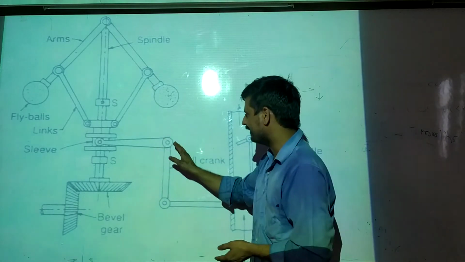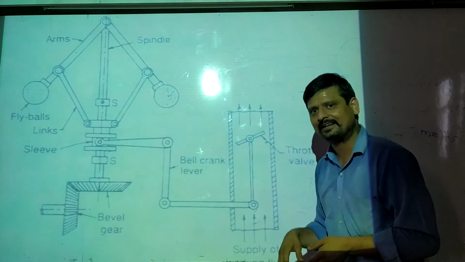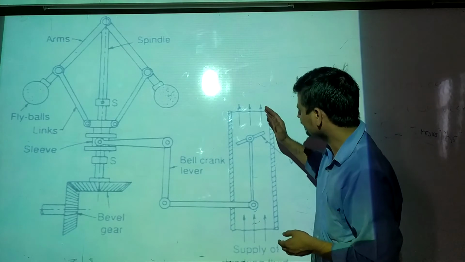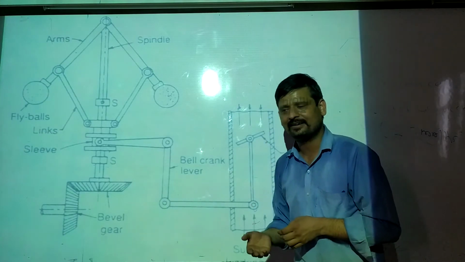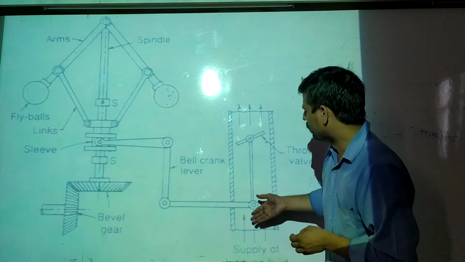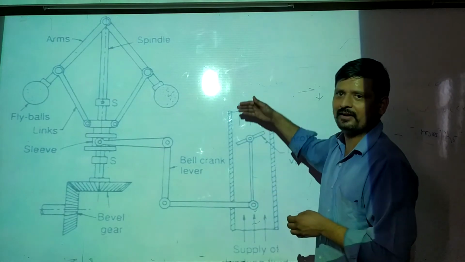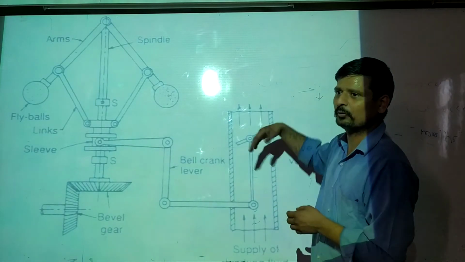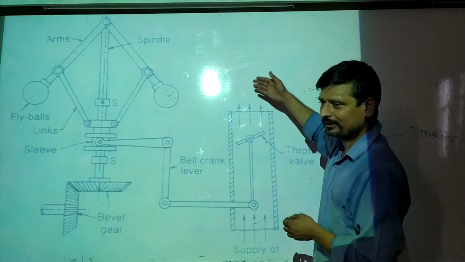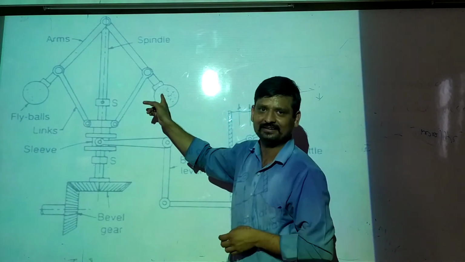So this bell crank lever will again come into action, and it will open the throttle valve in such a way that more fuel will reach the engine, and as more fuel gets into the engine, the speed gets increased.